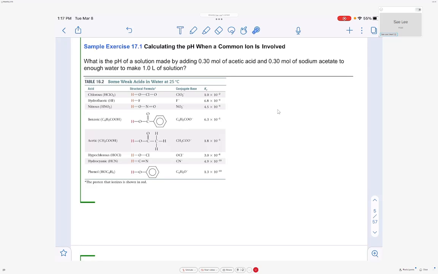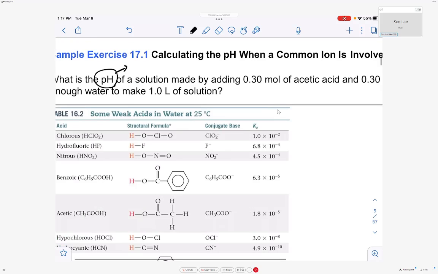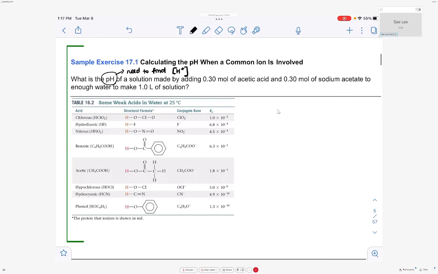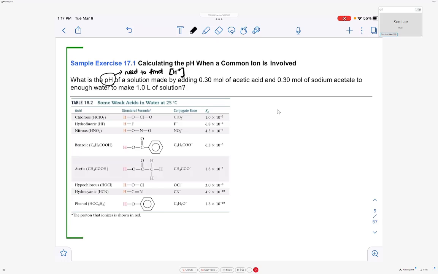As we observed from the previous slide, we know what mixing these two components will result in: lowering the proton concentration compared to when acetic acid is dissociating alone, right? So let's try to find the proton concentration.